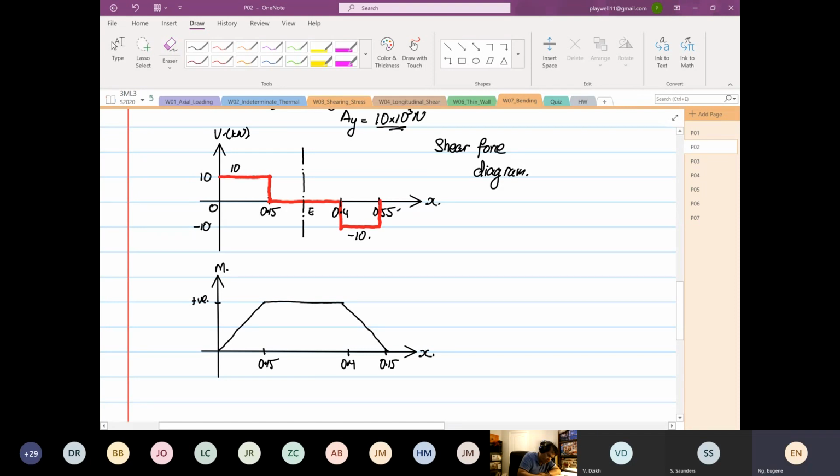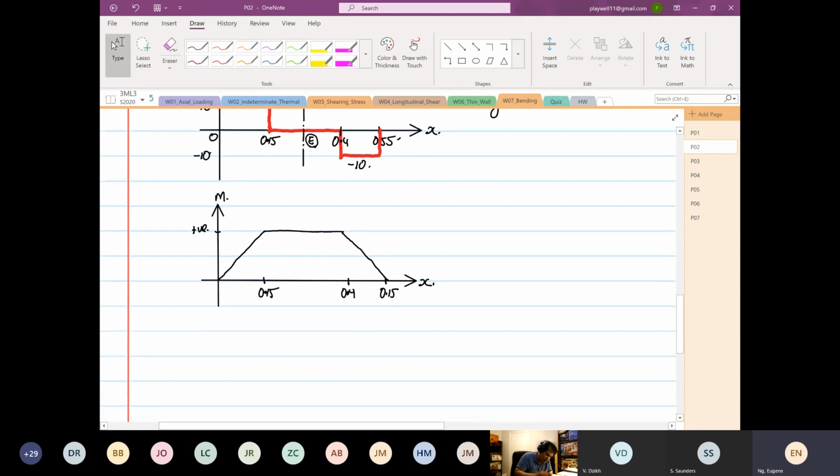At this point, this is what we call our point E. So at point E, what is that moment? Why did I pick point E? Because it's at point E where it's going to fail.